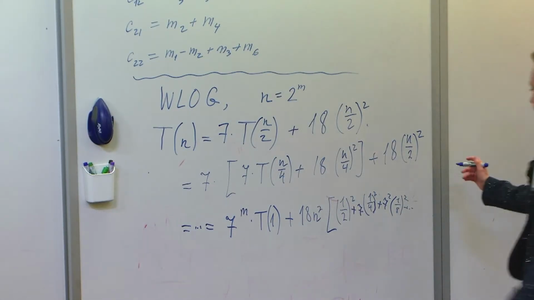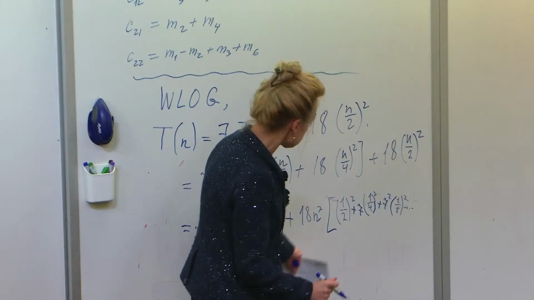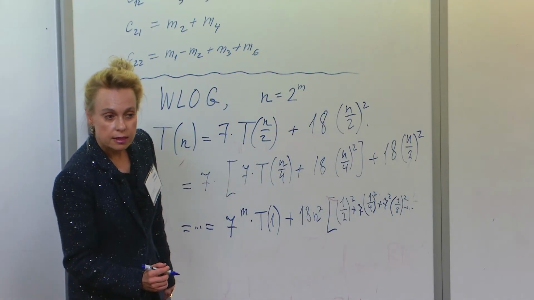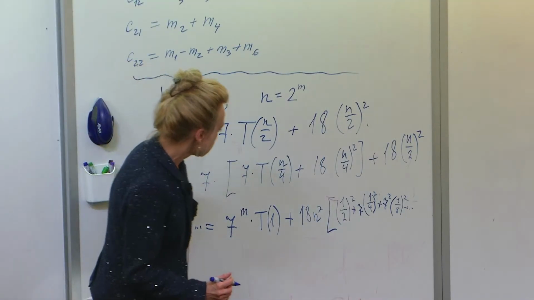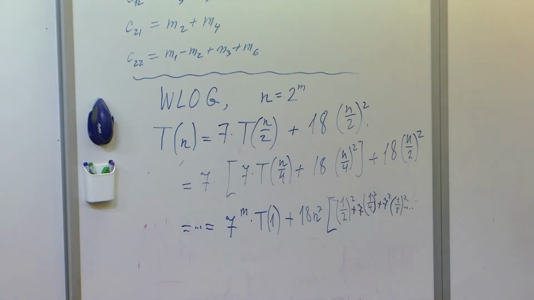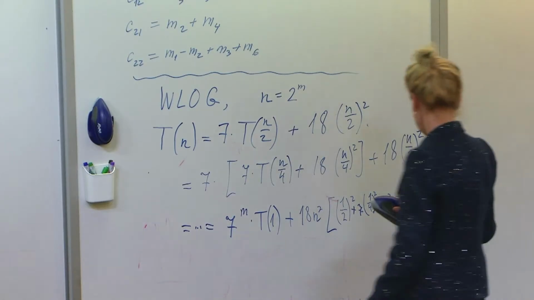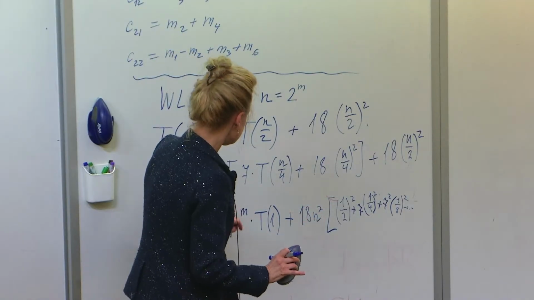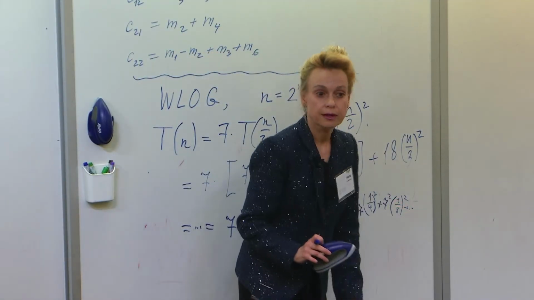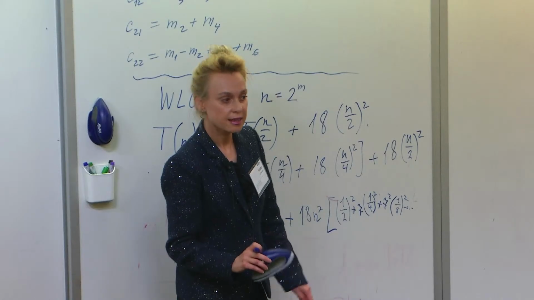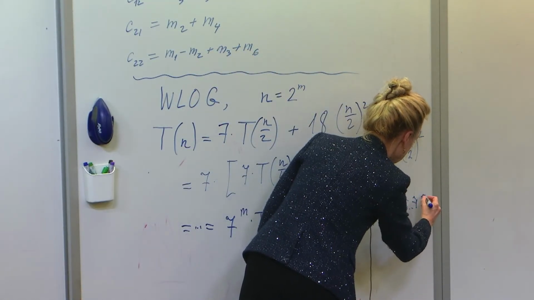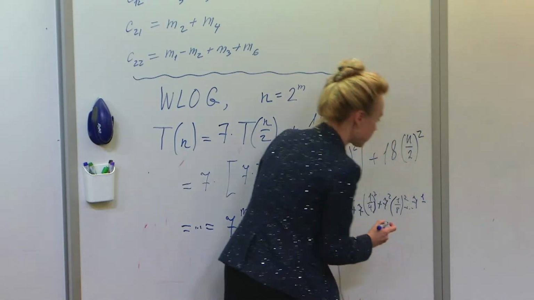Let's see. Actually, let's be precise. What's the last term here that I should put? We can do 2 instead of 4. No, 2 to the m instead of n. Well, 2 to the 2m. We'll get to this in a sec. Don't worry. What's the last term? 7 to some power, and 1 over some power of 2 squared.